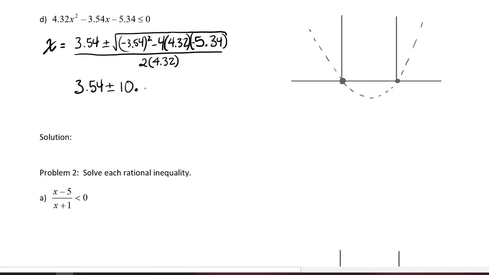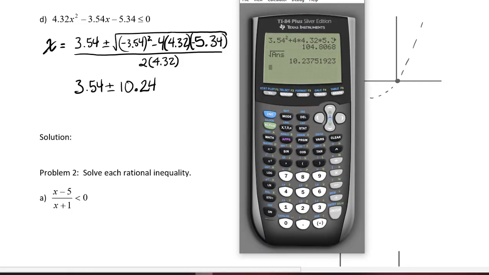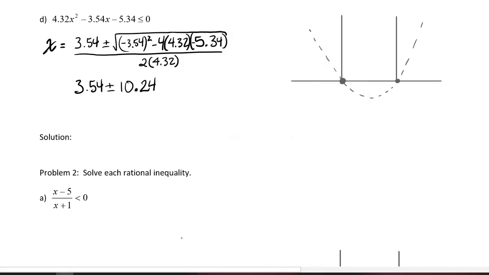We'll just say 10.24, all over 2 times 4.32. So let's just make that 8.64.